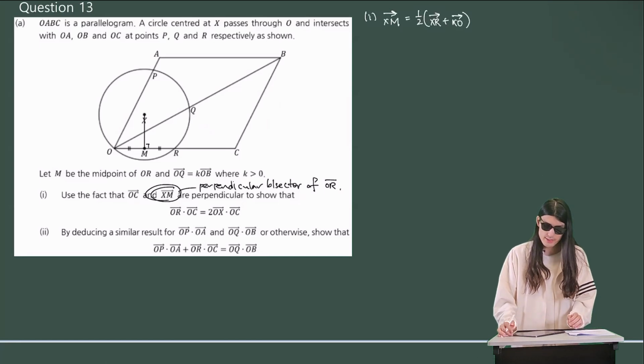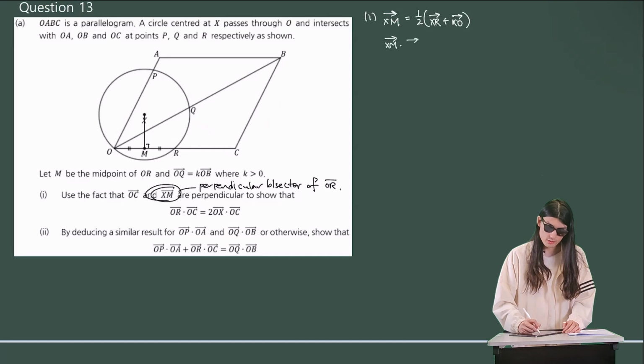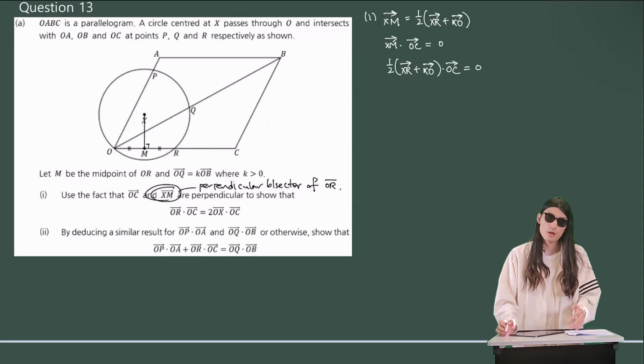And also, since OC and XM are perpendicular to each other, XM dot OC should be equal to 0. So you can then say half times XR plus XO dot OC is equal to 0.